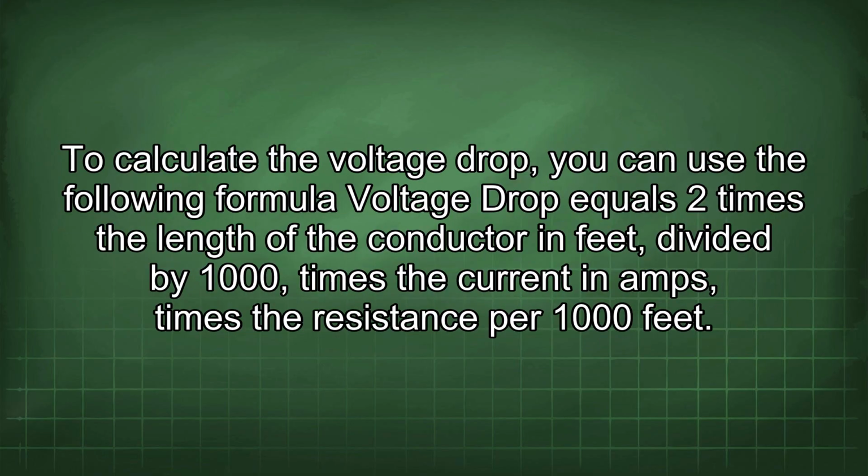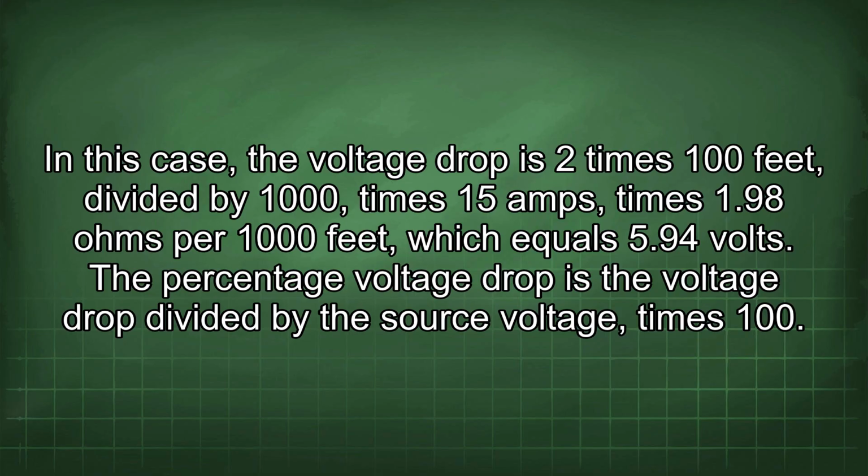To calculate the voltage drop, you can use the following formula: voltage drop equals 2 times the length of the conductor in feet divided by 1000 times the current in amps times the resistance per 1000 feet. In this case, the voltage drop is 2 times 100 feet divided by 1000 times 15 amps times 1.98 ohms per 1000 feet, which equals 5.94 volts.